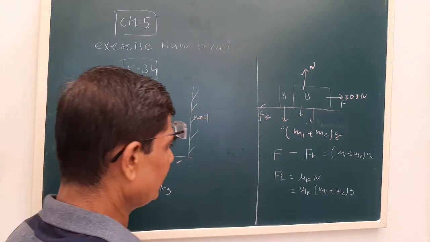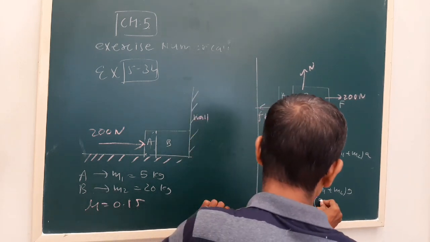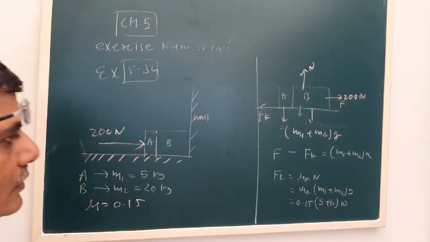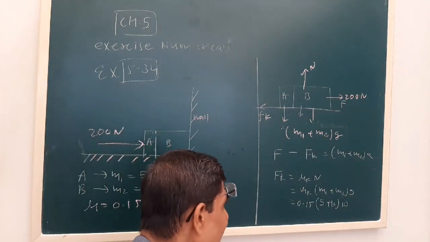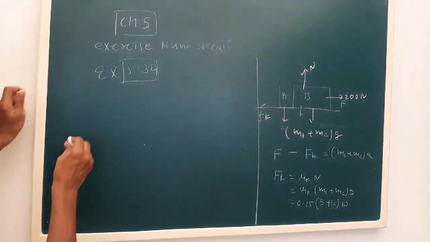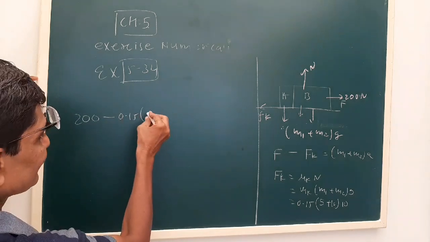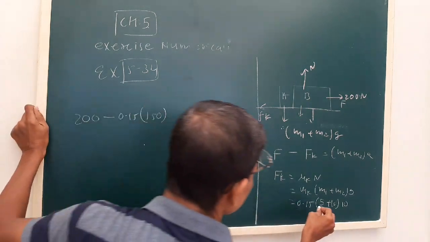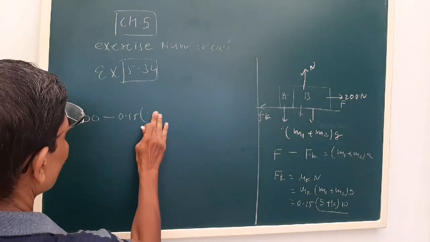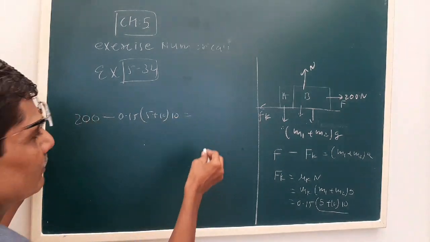So mu k is 0.15, m1 plus m2 is 5 plus 10, into g. Now we substitute this value: 200 minus 0.15 into 15 into 10 is equal to (m1 plus m2) into a.